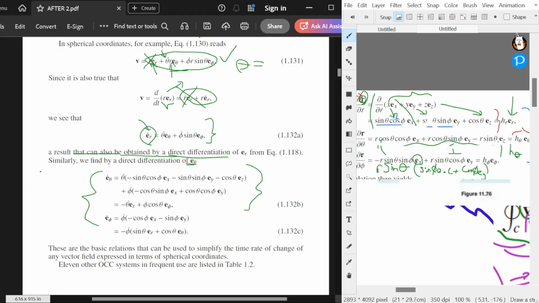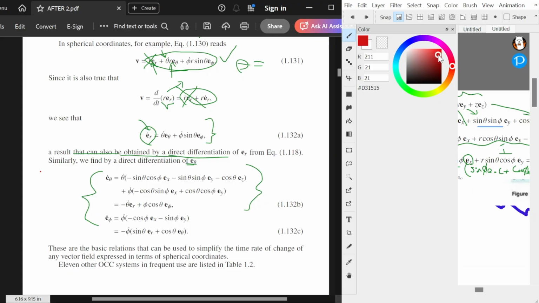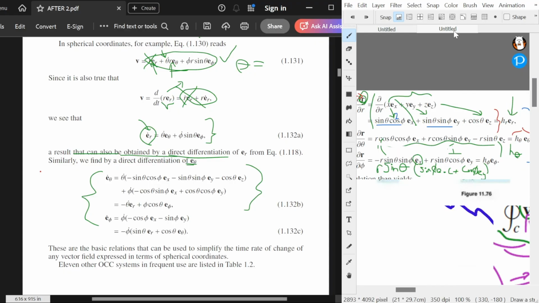Oh my God. I almost pressed X. That would have been a tragedy. Color, not white. Okay. We have e_theta times h_theta equal all the shenanigans.